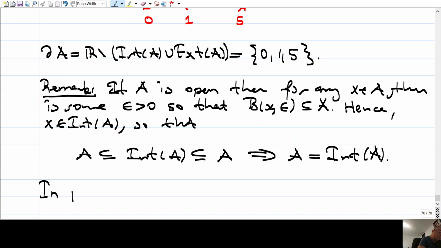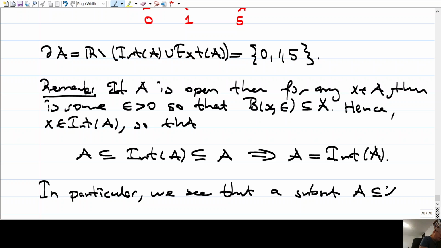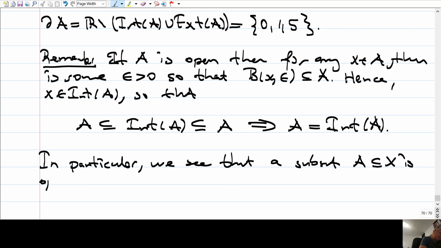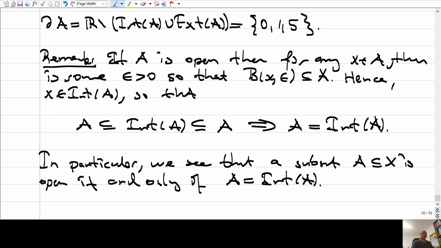In particular, we see that a subset A is open if and only if A is equal to interior of A. Okay. If they are equal, of course, A is open because interior of anything is open. And if A is open, then we have seen that they are equal. So we proved this.